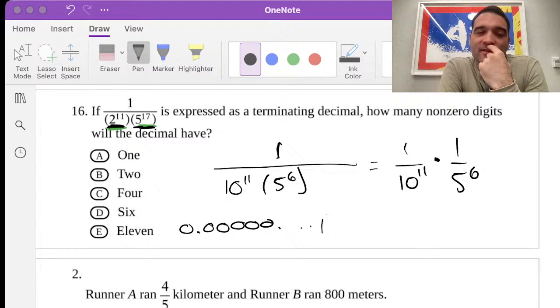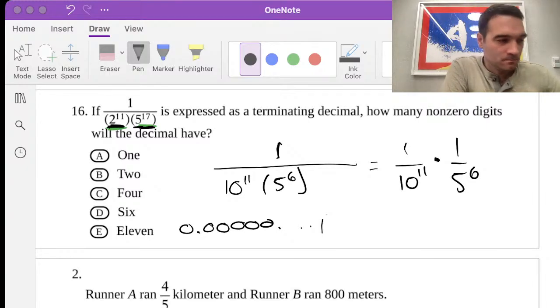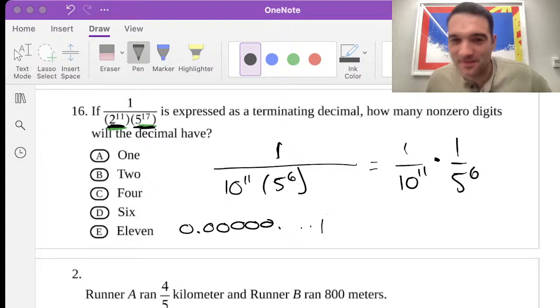1 over 5 to the 6, or 25 times 25 times 25. Whatever that is, 15,625.